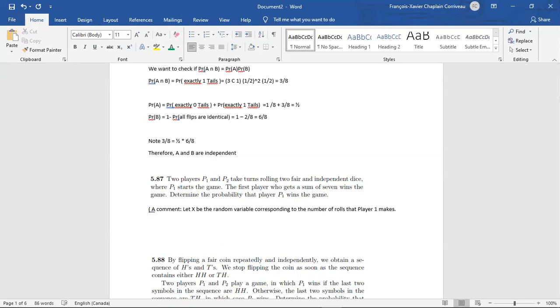What kind of random variable are we looking at? Geometric, exactly. Why? Because player 1 will keep doing something until he succeeds and player 2 fails. Essentially, it's a repetition.